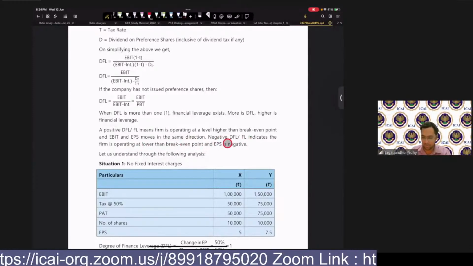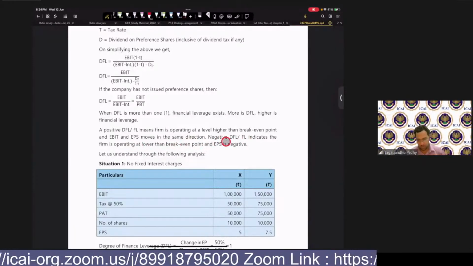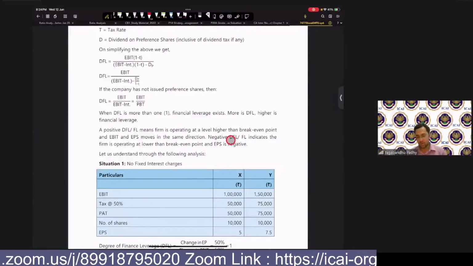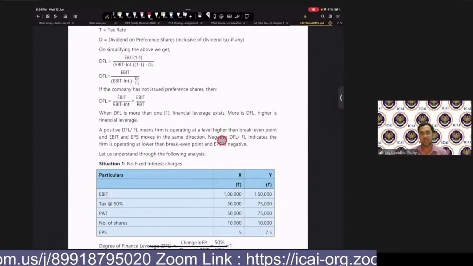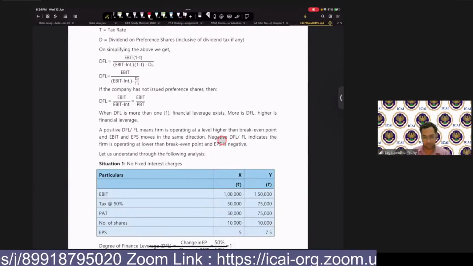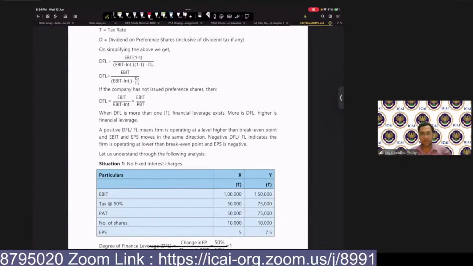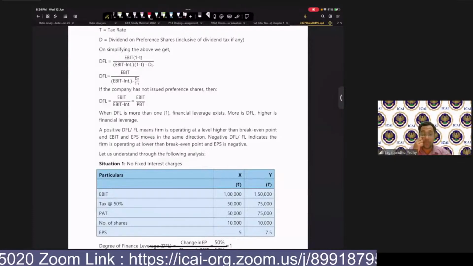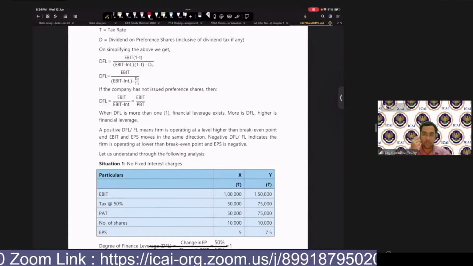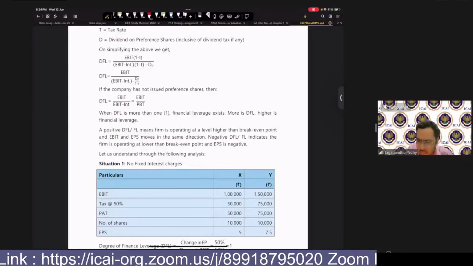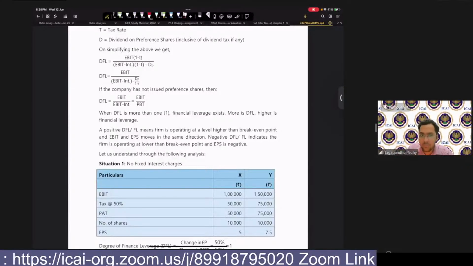EPS is going to be negative. If, in spite of the financial leverage or interest payment, your EPS turns negative, then you say it's a negative financial leverage. Okay. I was confused since it is a ratio, so how it can be negative and positive. So now I understood it.